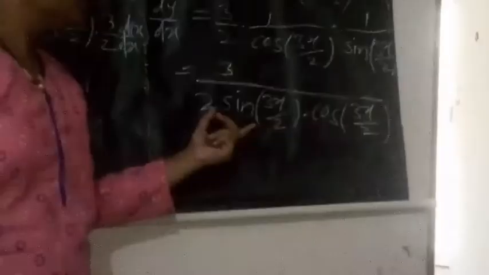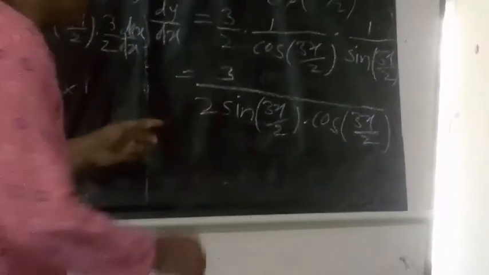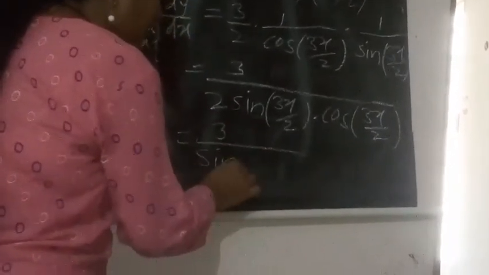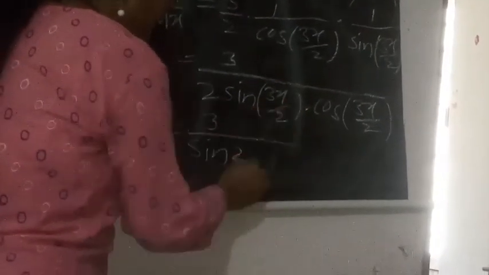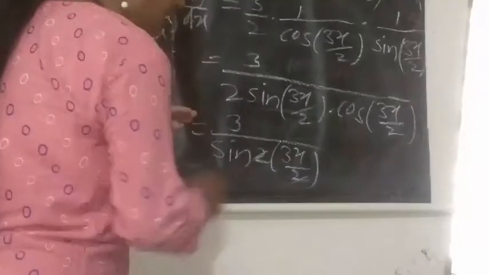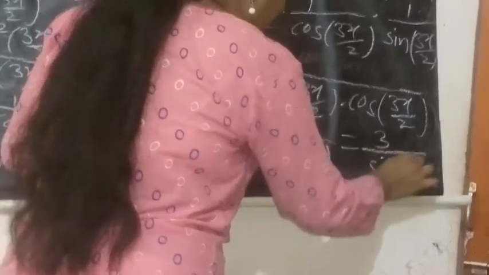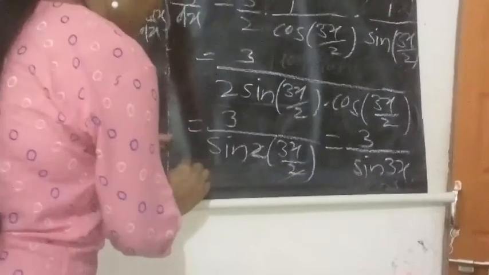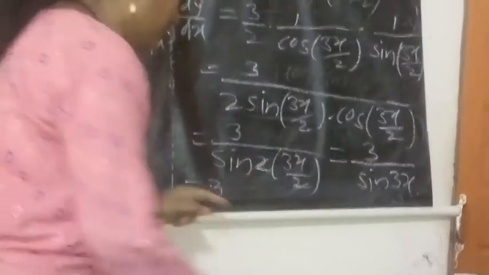But we know that 2 sin x into cos x is sin 2x. So here we can write 3 upon sin 2x, where 2x means here 3x upon 2, and the 2 gets cancelled, that is sin 3x. That is 3 upon sin 3x. And 1 upon sin 3x means 1 upon sin 3x is cosec 3x.